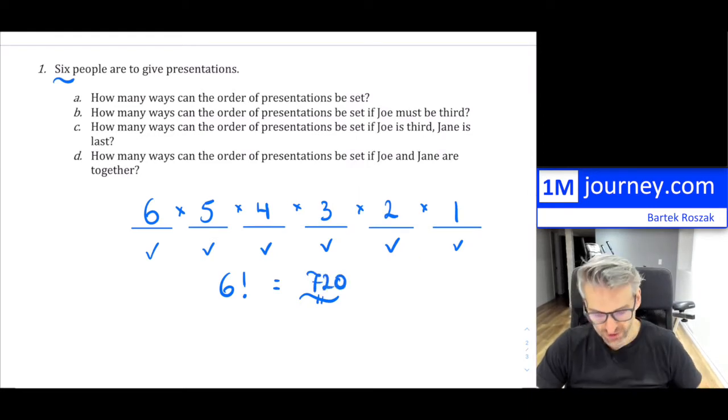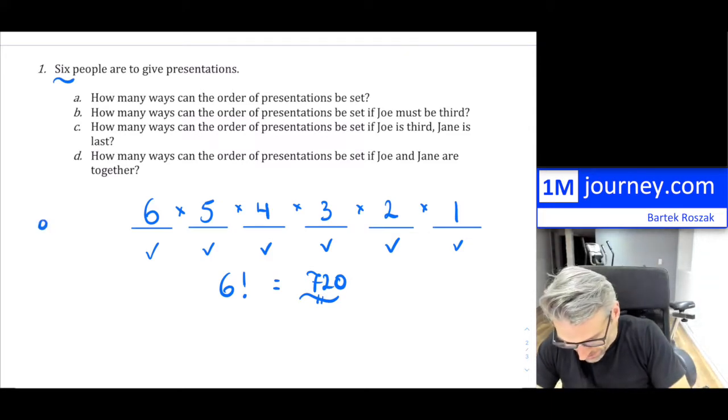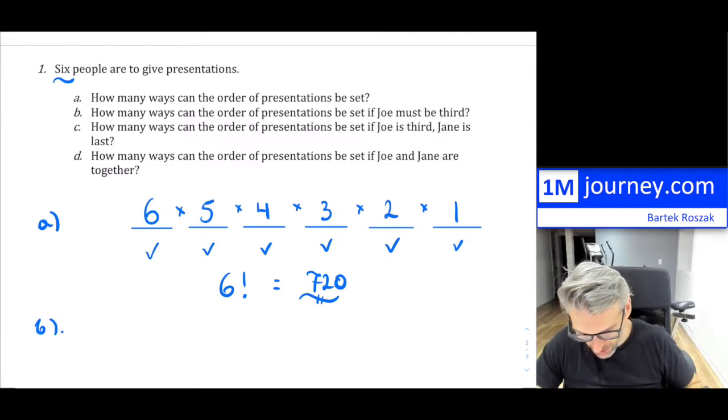So there are 720 different ways that you can order 6 individuals to give a presentation, which is pretty crazy, but that's what it is. So that's part A. Now it gets a little bit different as we continue on with these different parts.